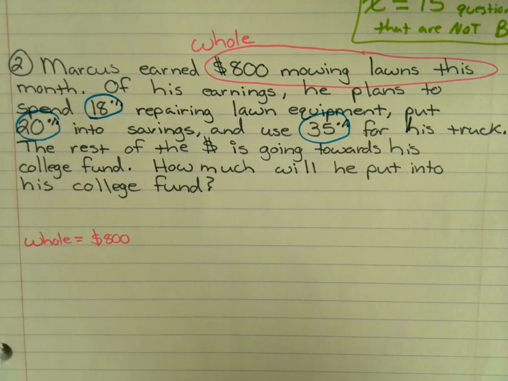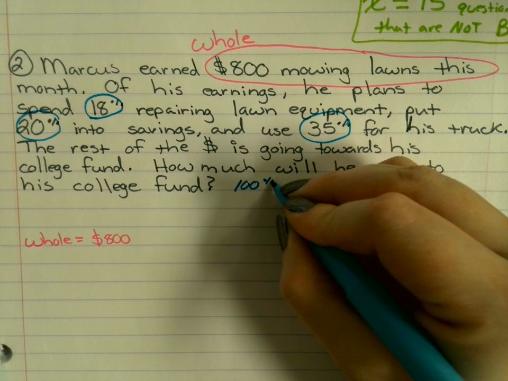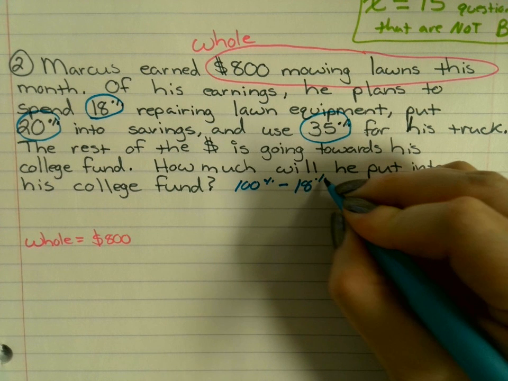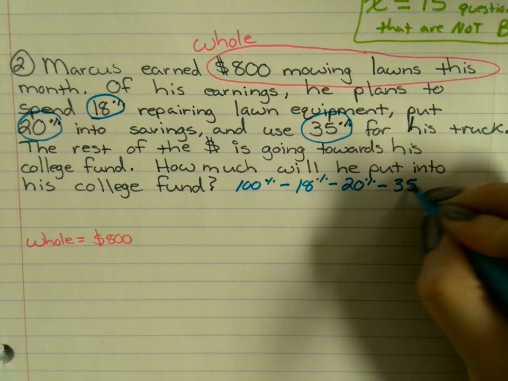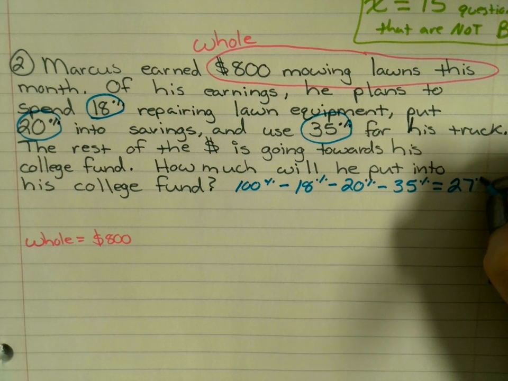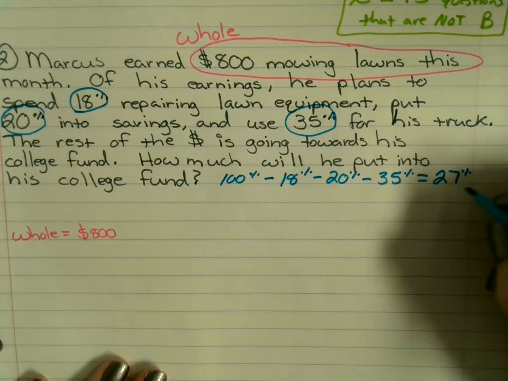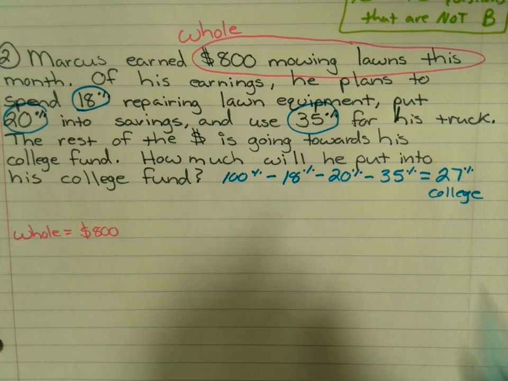If I take 100% and subtract 18%, and I subtract 20%, and I subtract 35%, then that's going to leave me with 27% for college. 27% of his monthly income is going to go into his college fund.